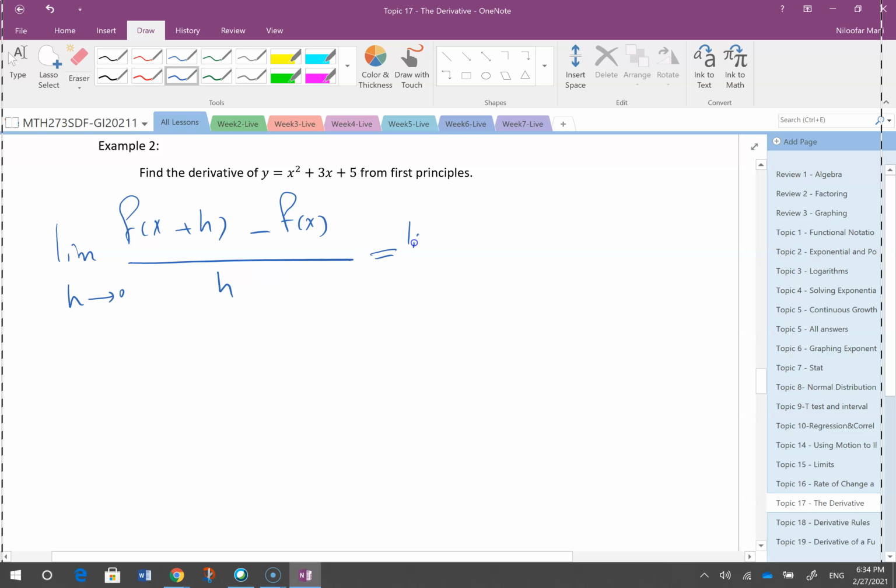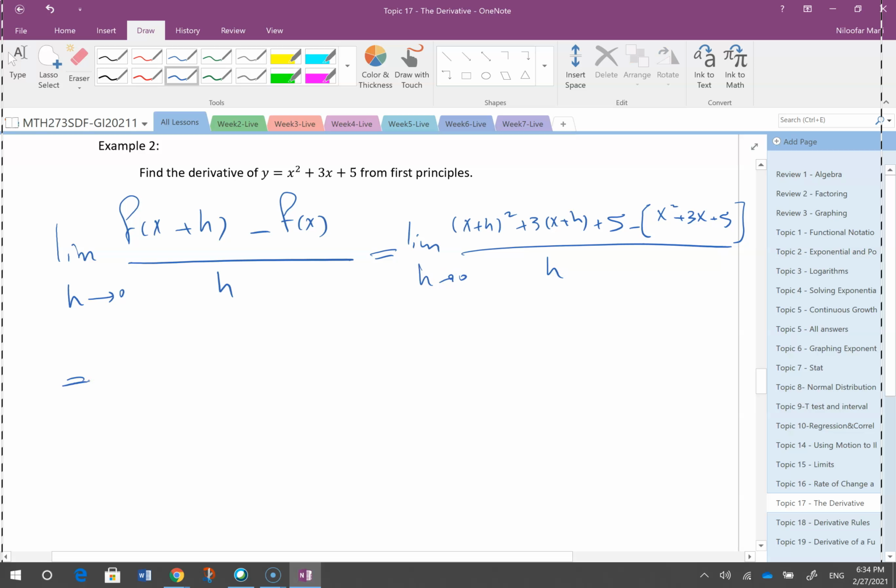So the limit of (x plus h) squared plus 3 multiplied by (x plus h) plus 5 minus, I use brackets because I want to show you step by step, divided by h, as h goes to 0.